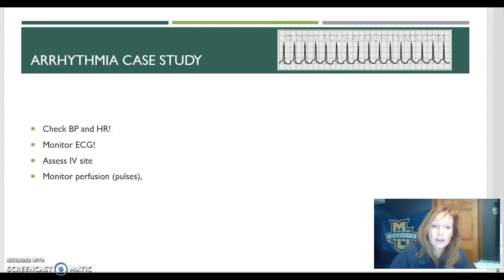Is it bradycardia? Make sure that they have an IV site, because remember that when you are treating a patient with an antiarrhythmic, a patient can have a side effect of another arrhythmia, because you're messing with the electrical activity of the heart, and they can go into another dysrhythmia.